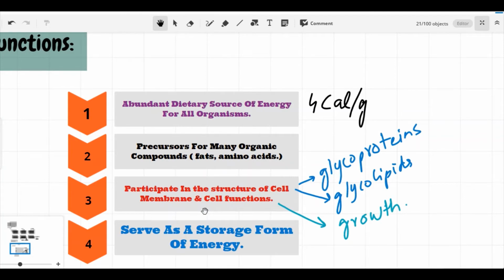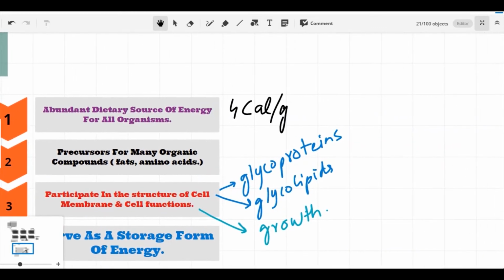We will discuss this in detail later. We can also merge the other functions, like structural components of many organisms, which include fibers like cellulose of plants.